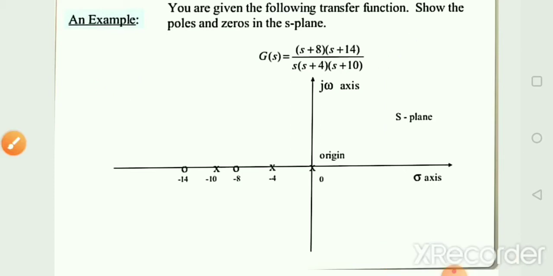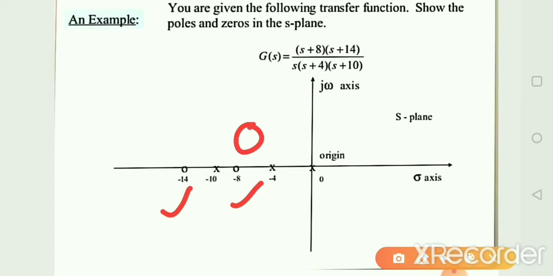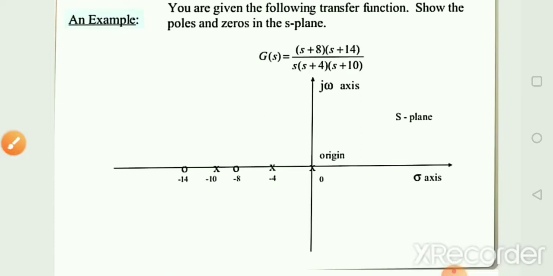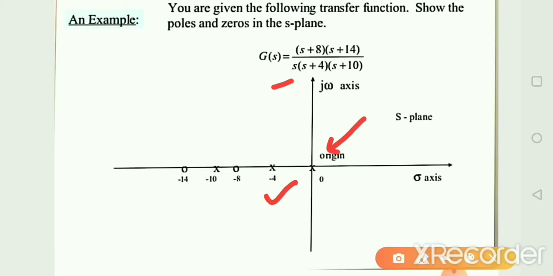So the zeros are minus 8 and minus 14. You can see zeros are denoted by this. Here the poles are s equal to minus 4, s equal to minus 10 and one is s equal to 0. So one pole is at the origin, the second pole is minus 4 and the third pole is minus 10. So here there are three poles.